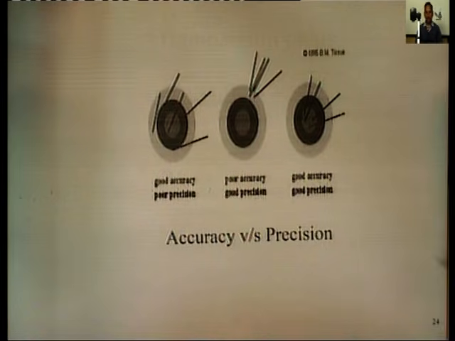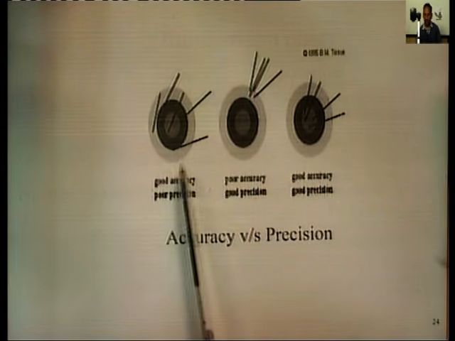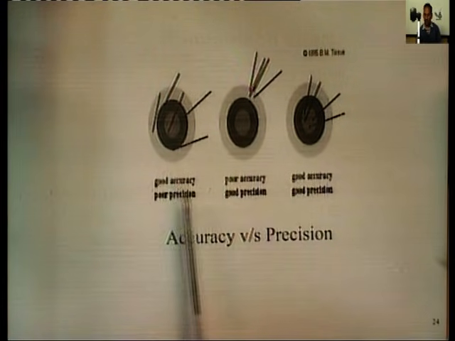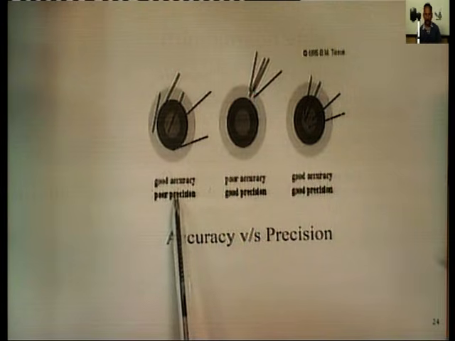Here we can see accuracy versus precision. This is a diagram of a dart board, and these pins are striking this board. If the pins strike in this way as shown in this diagram, we can say this is good accuracy and poor precision.